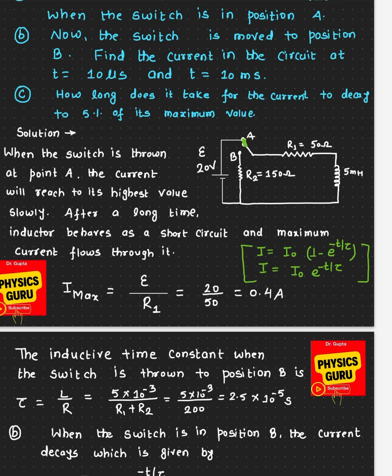In this case, the inductor simply behaves as a zero resistance wire, a short circuit. These two terminals are simply short circuited, just a conducting wire.